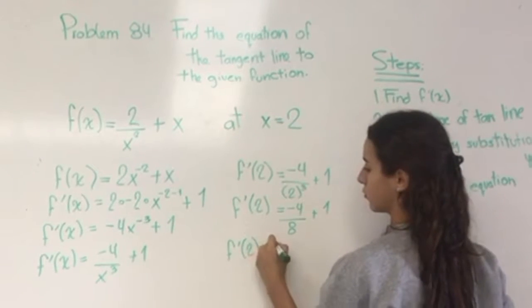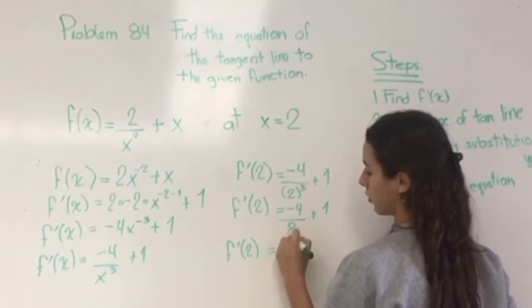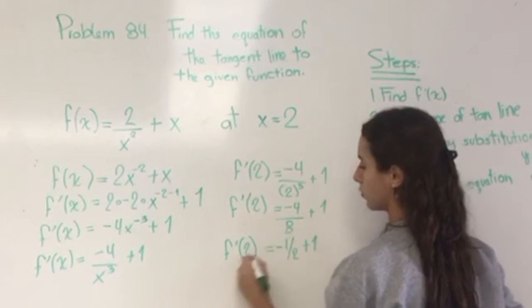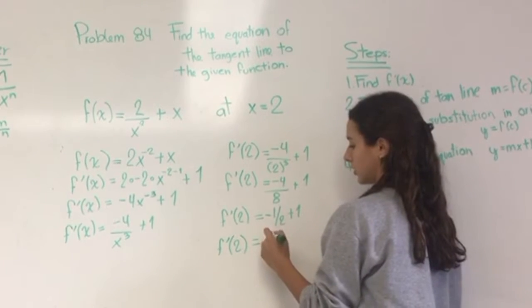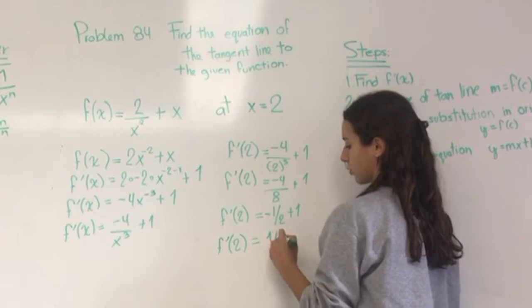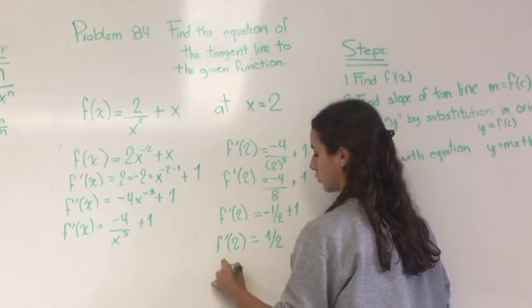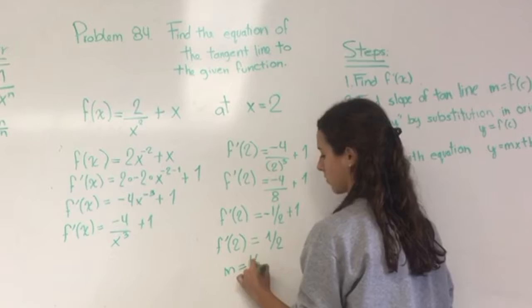F prime of 2 will be -1/2 plus 1. The final answer for f prime of 2 is +1/2. This will be your m.